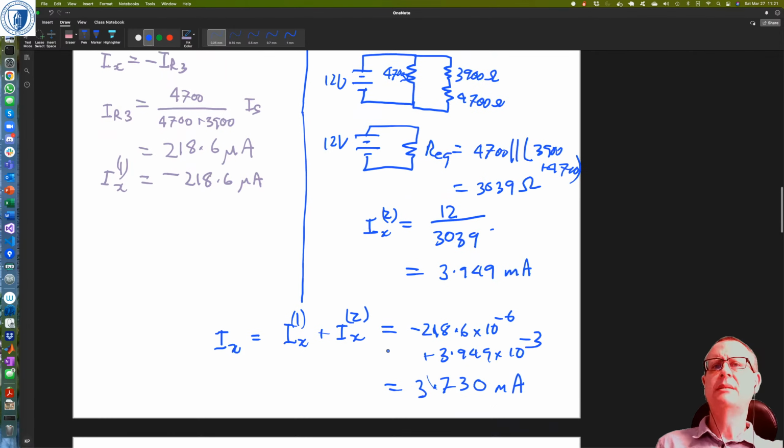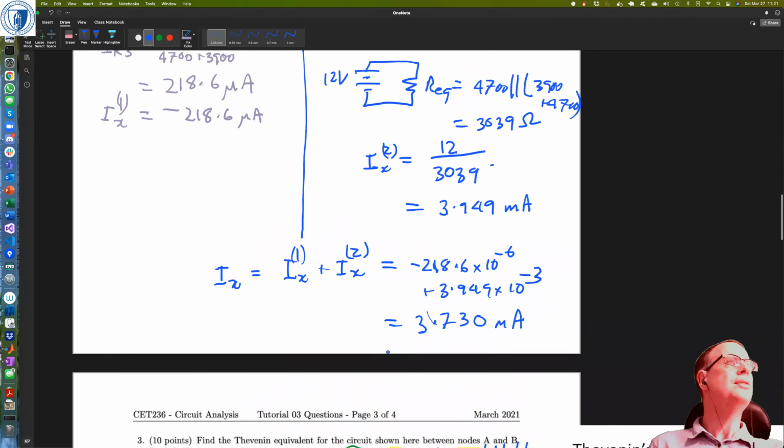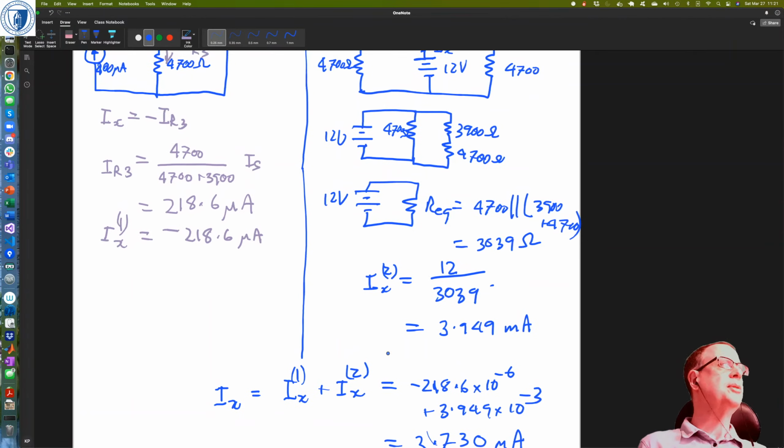And any questions about the superposition questions, either this one or the other one? So one of the things I want you to be able to do is figure out the right technique to use.